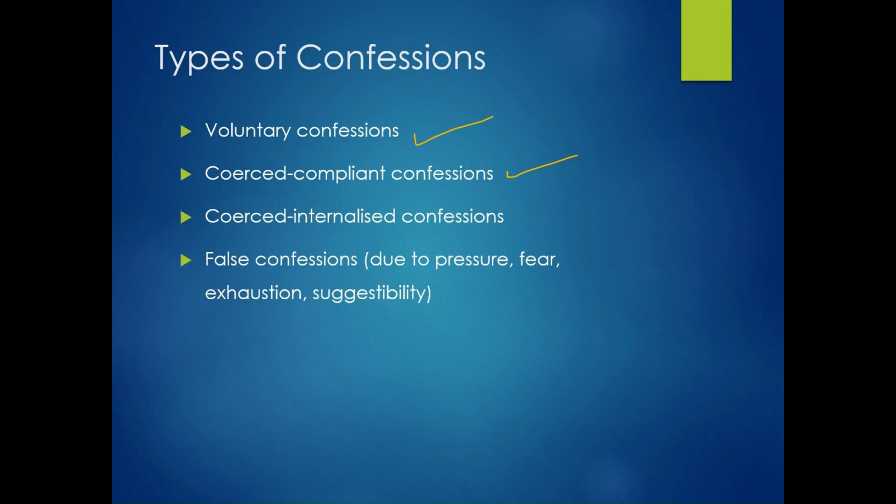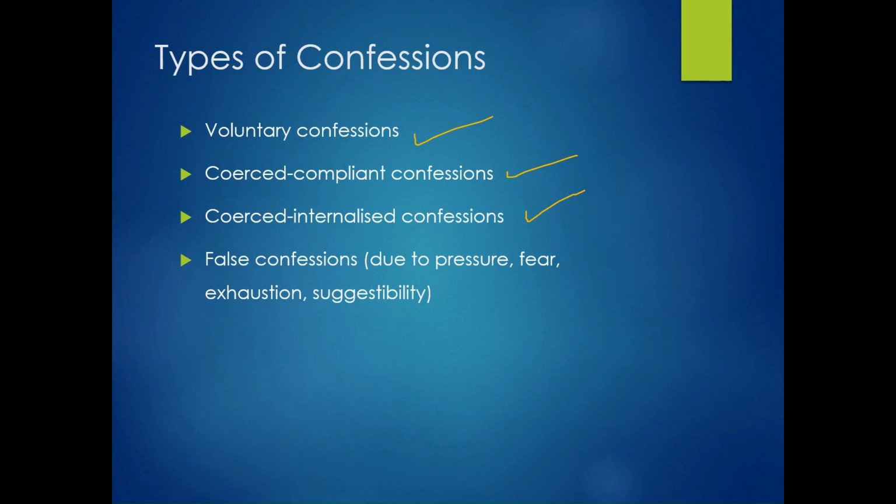Then we have coerced internalized confession, where the person actually starts believing that they have committed the crime when they have not. For example, in case of a murder, the person might have hit someone, the person might have fallen and gone unconscious, but not been dead by then. But this person who has hit believes that yes, I killed the person, when the person might not have been dead by then, right?